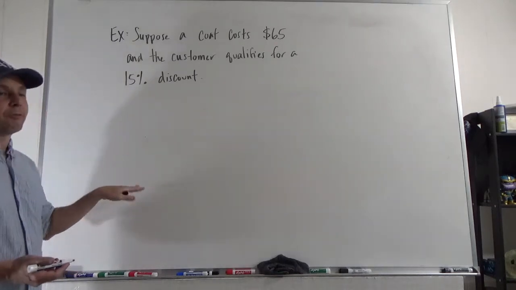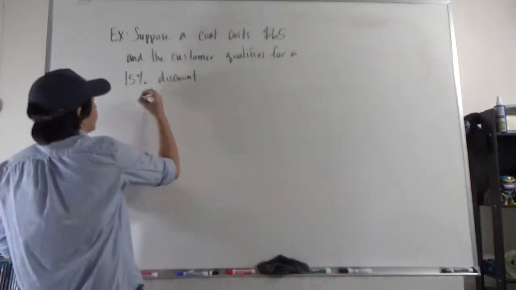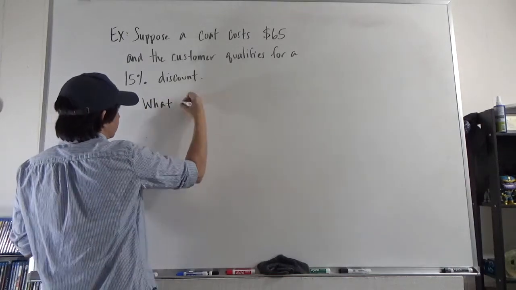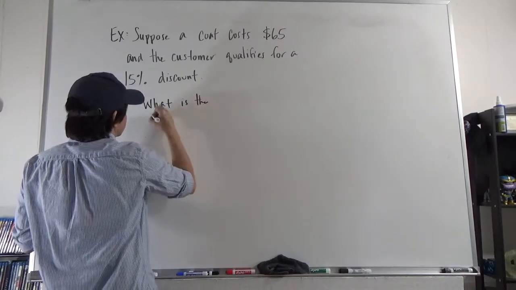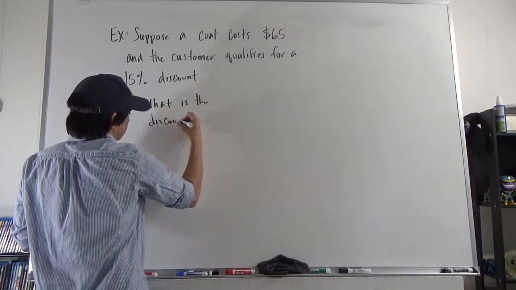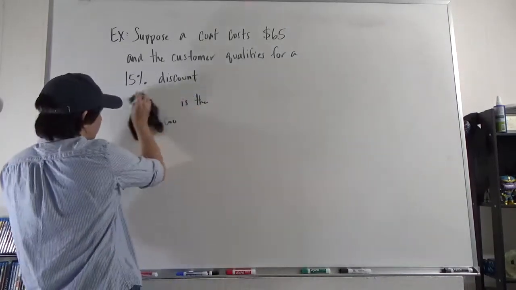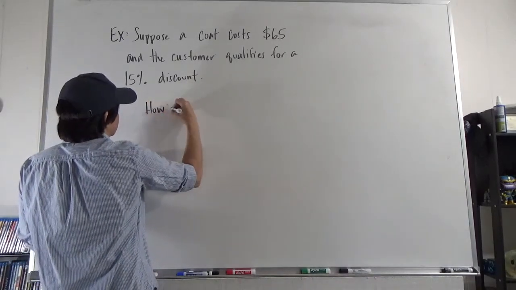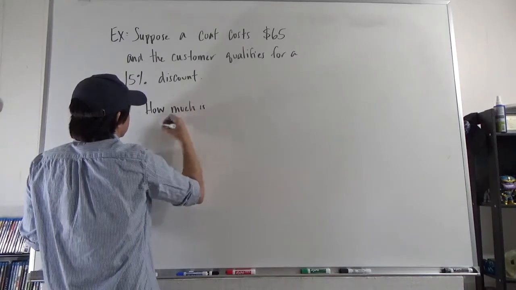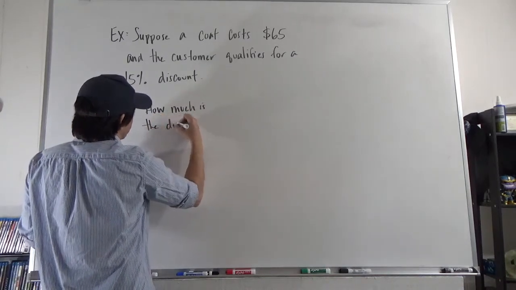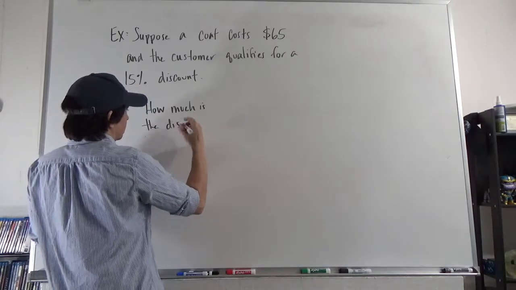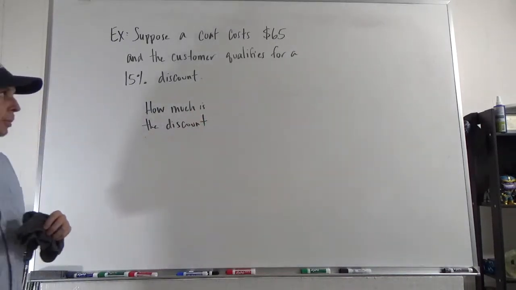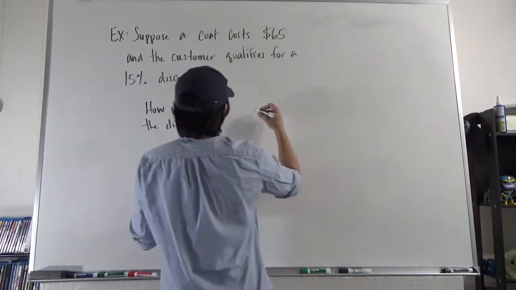And then we'll do it a single factor method. So here, what is the discount? I should phrase it differently. I want to say how much is the discount? Meaning the dollar amount. We know it's 15%, but I want to know what exact amount of money is being taken off my price.